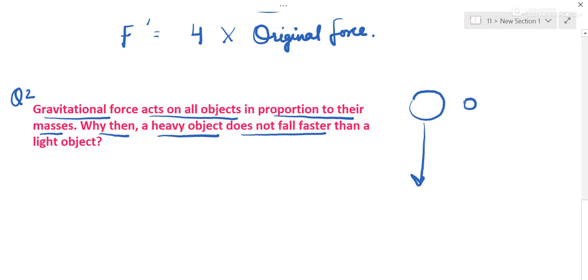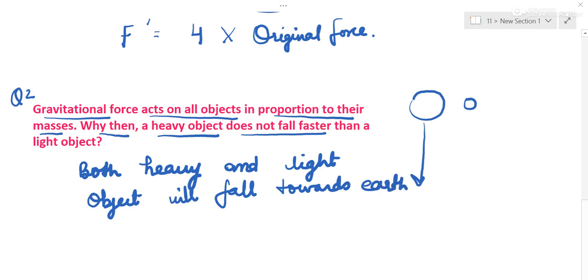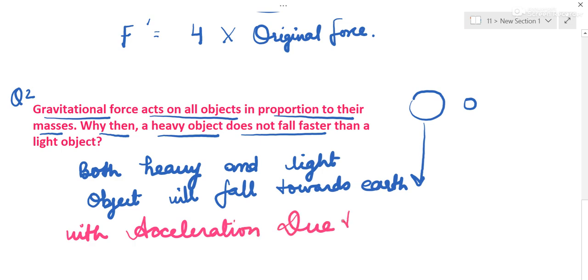Because both heavy and light objects fall towards Earth with acceleration due to gravity. So both are falling with the same acceleration.